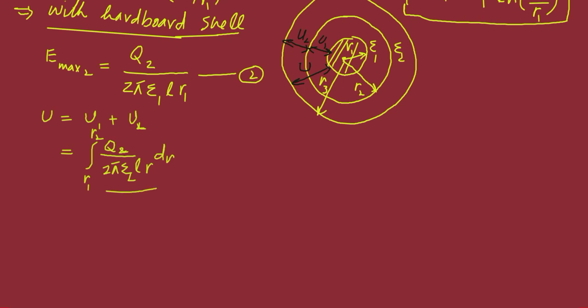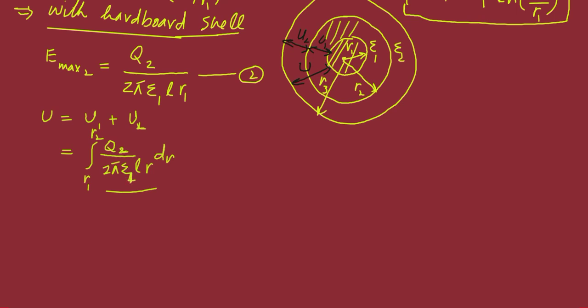Here, this expression gives us U1, that is the voltage across the insulation layer 1, which is hardwood shell. And here we have to use Q2 divided by 2 pi epsilon 1 instead of epsilon 2.